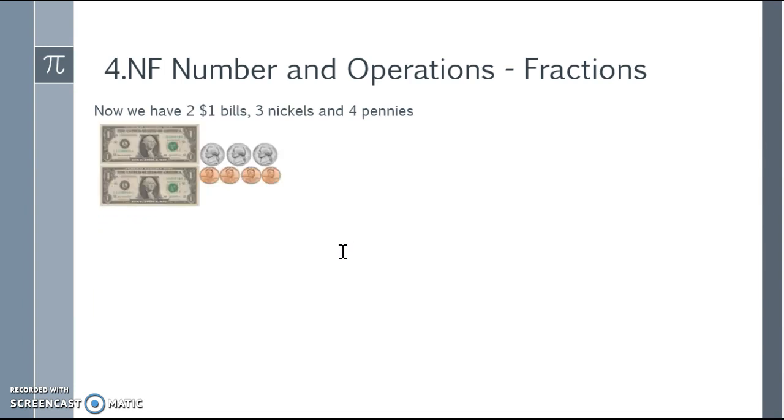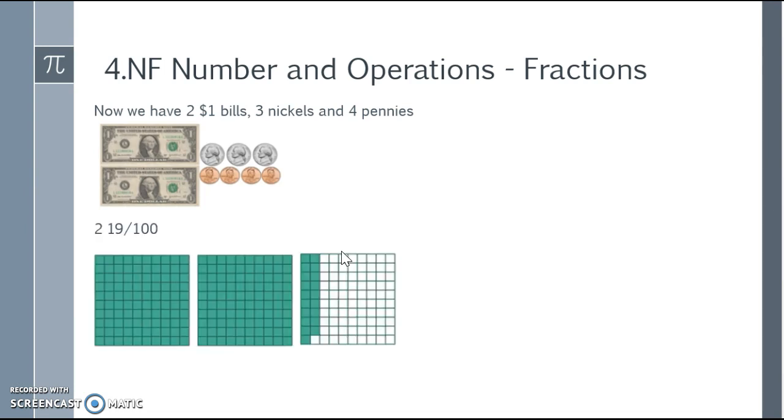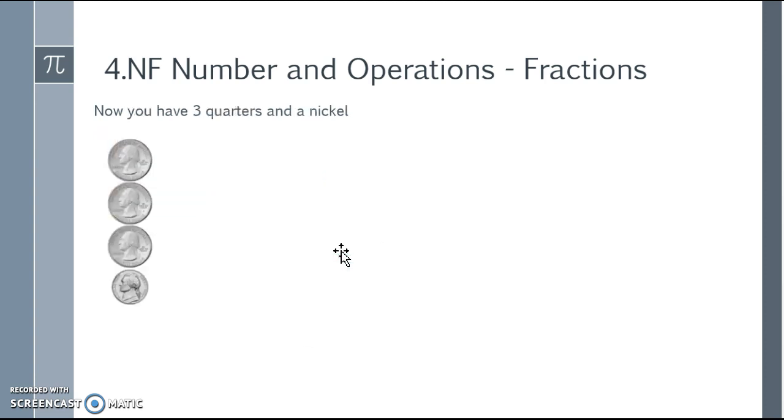Now we have 2 $1 bills, 3 nickels, and 4 pennies. In fractional form, this is 2 and 19 hundredths, meaning that 2 full base 10 pieces for our unit would need to be colored, and 19 more of a third one, so a portion. This is 2 and 19 hundredths.